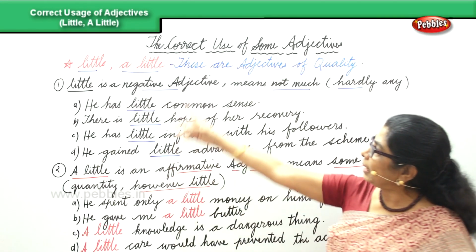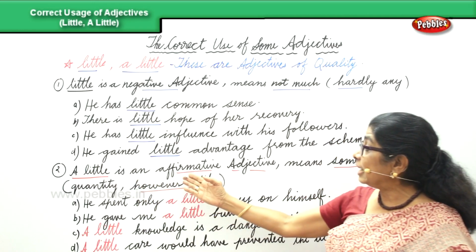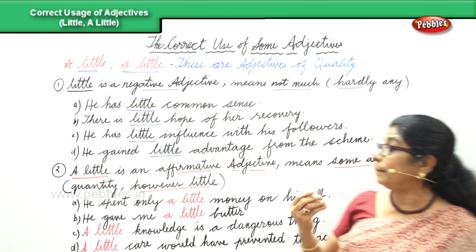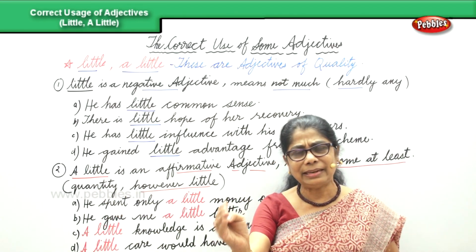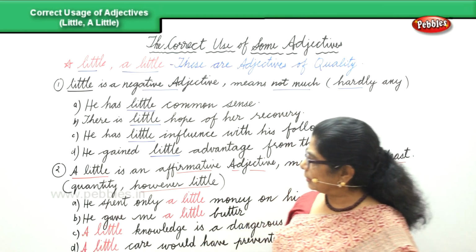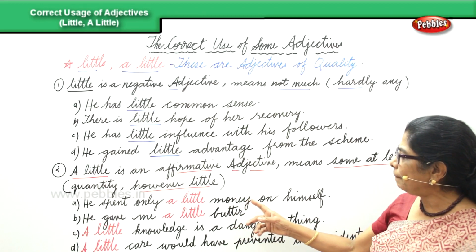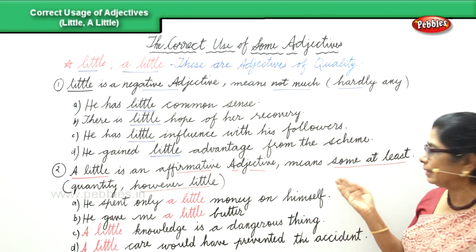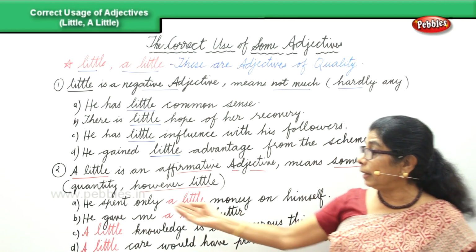Finally, the second part, a little. A little is an affirmative adjective meaning some at least. When you talk about quantity, however little. And we have 4 sentences here. He spent only a little money on himself. That means he spent some at least, a little bit. He gave me a little butter.